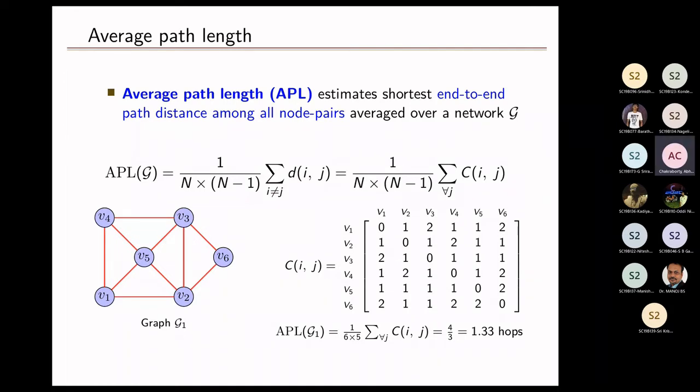So when we are calculating the total path length, we are adding all the rows and then dividing by all possibilities, n into n minus 1. Here we can see that on average it is 1.33 hops to go from any node to any other node in this network.